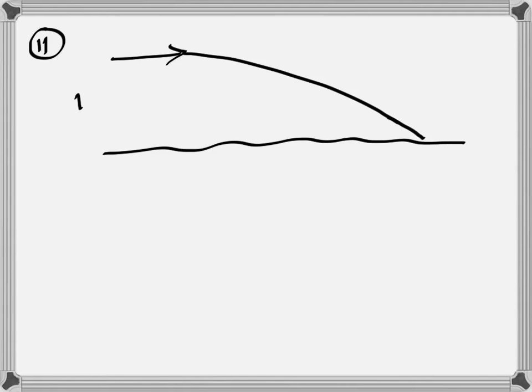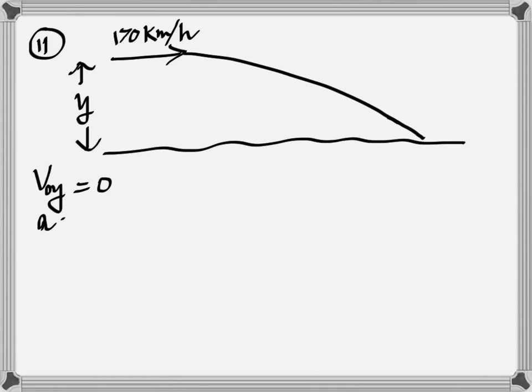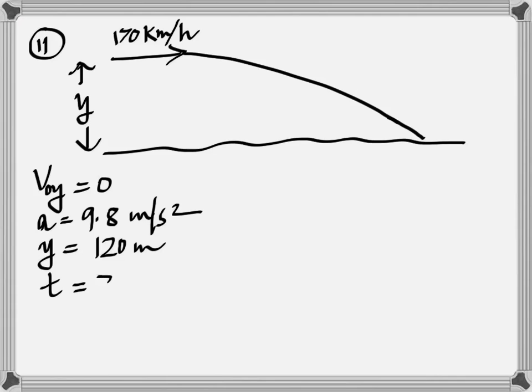Number 10, straightforward question. Again, the airplane is flying horizontally, so its initial vertical velocity is 0. This has been stressed time and time again. a is 9.8 meter per second squared, and the vertical displacement is 120 meter. You can find the time, which is what you have to find in that question.